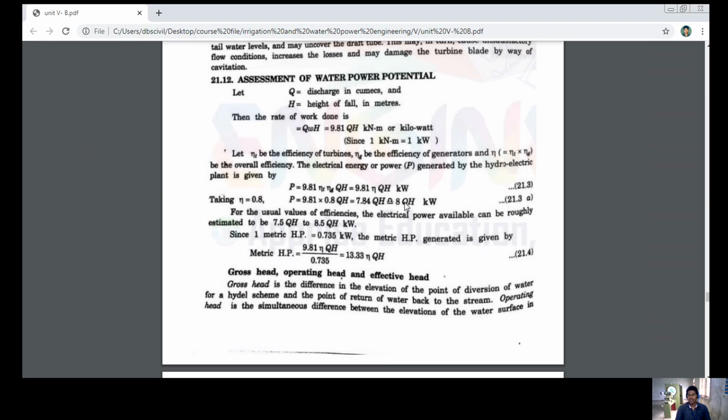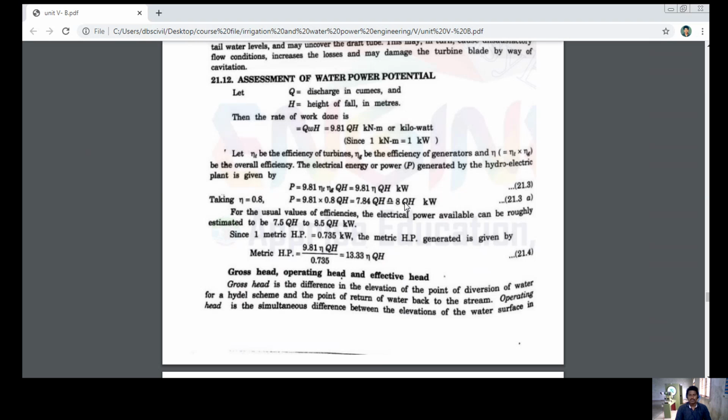The electrical power P generated by a hydroelectric power plant is given by P is equal to 9.81 eta T eta G QH, where Q is the discharge and H is the height of fall, that is 9.81 eta QH kilowatt. We get finally 7.84 QH, approximately 8 QH kilowatt.